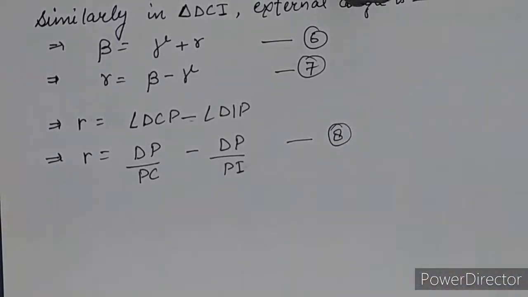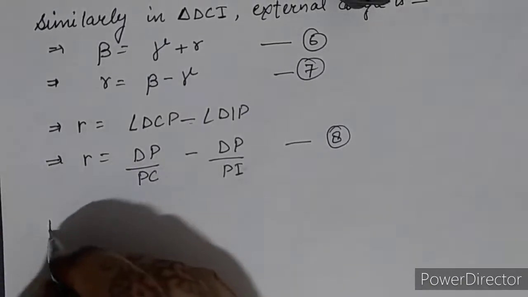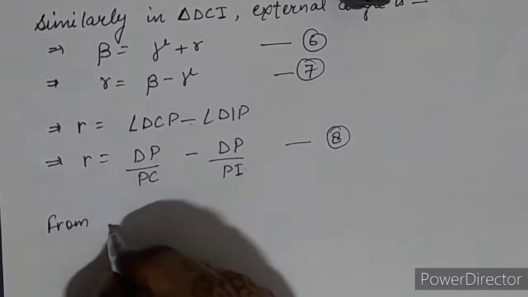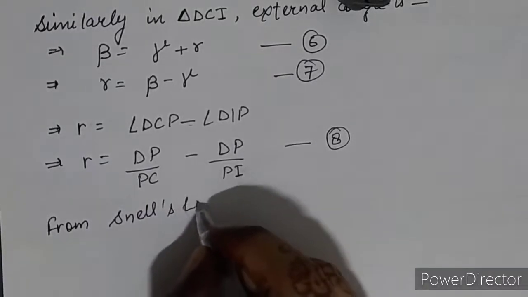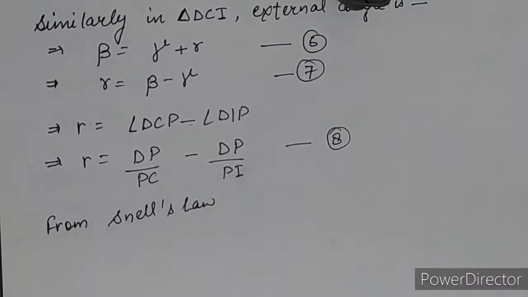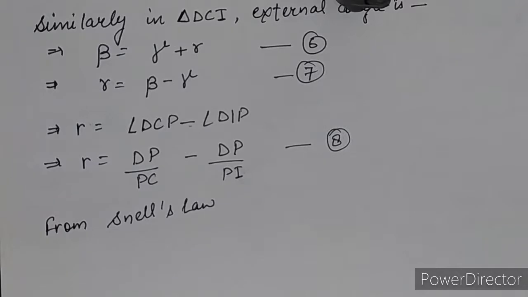Now we have to apply Snell's law. What was the formula? The ratio of the sine of the angle of incidence and the sine of the angle of refraction is always a constant, that is the refractive index, isn't it?